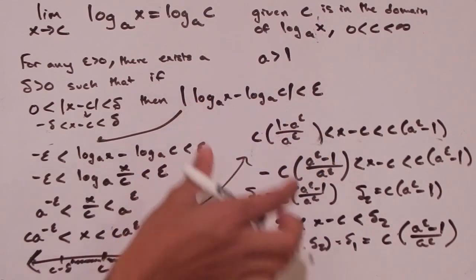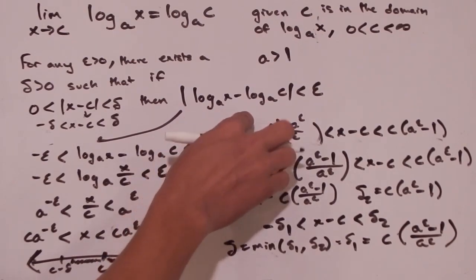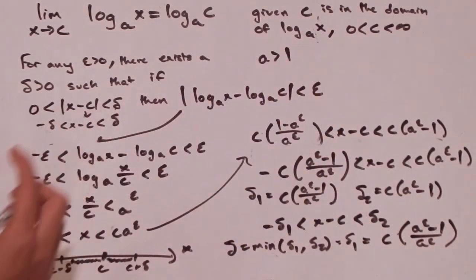I would find that for that x value, the absolute value of log base a of x minus log base a of c is less than epsilon.